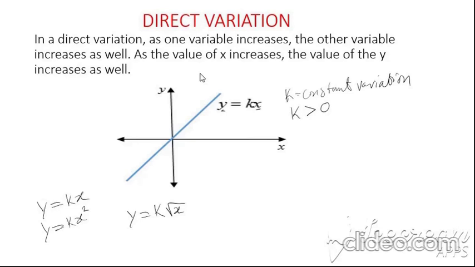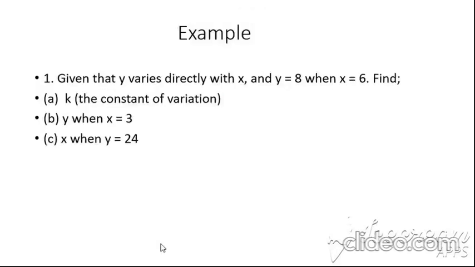This one is the square of x, but this one is the square root of x. When they say y varies as the cube of x, you write the constant first in front, then x to the power 3, like that. If you're able to come up with these expressions, then you can answer examination questions.